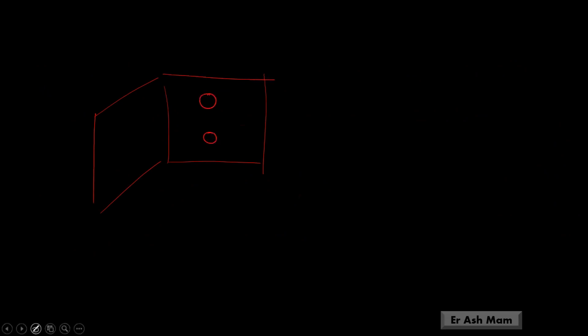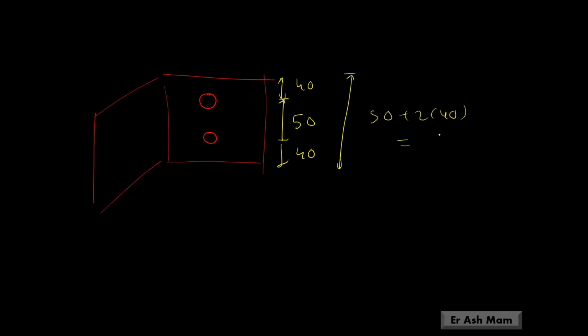If it is a connection with 2 bolts, bolt number 1 and bolt number 2, the center to center distance between the two bolts is 50, and the edge distance is 40 on each side. Therefore, the minimum length required is 50 plus 2 times 40, equal to 130 mm.